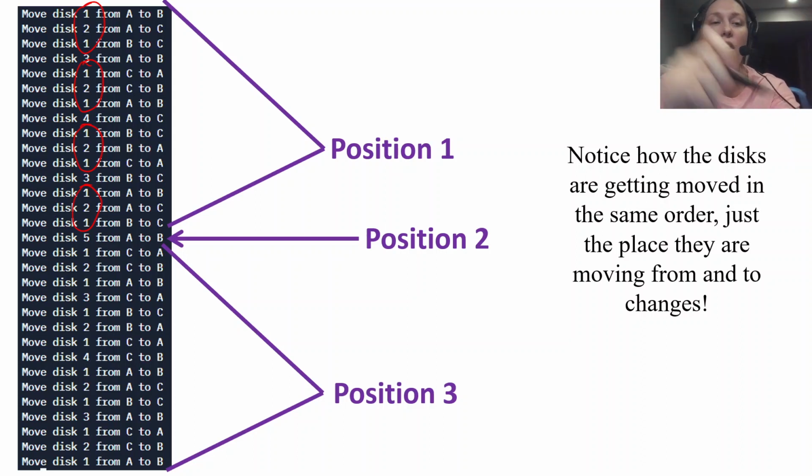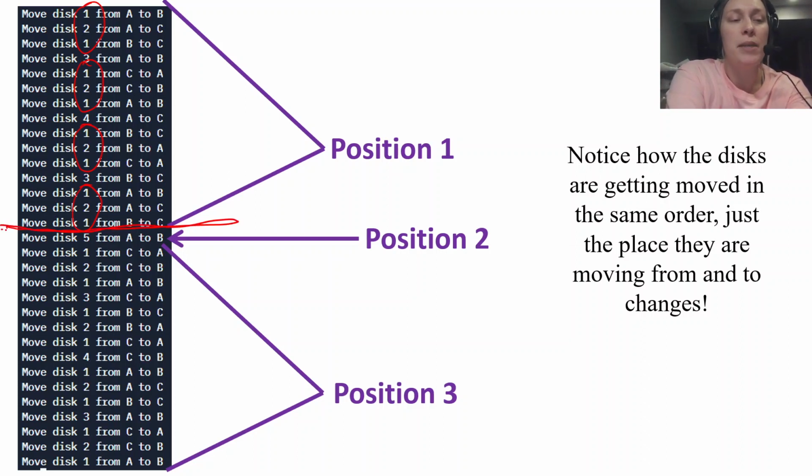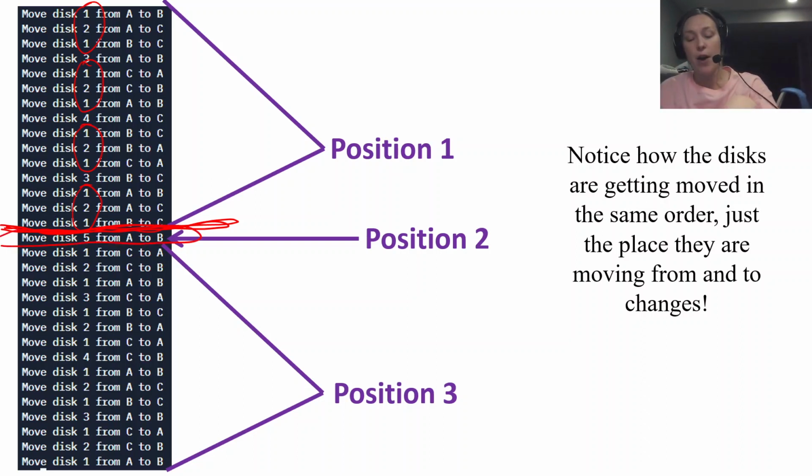All of that was position 1 code, meaning all code that happened before the position 2 call. Position 2 was just one line of code where you move disk n from A to B.